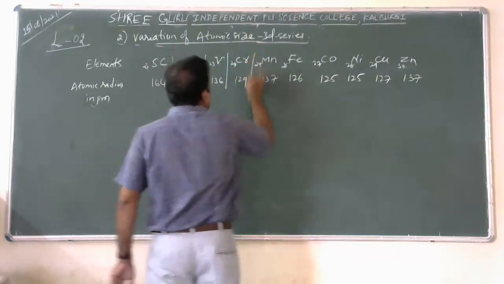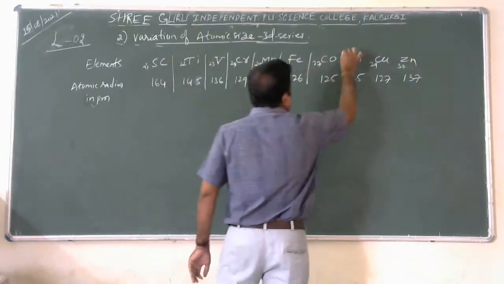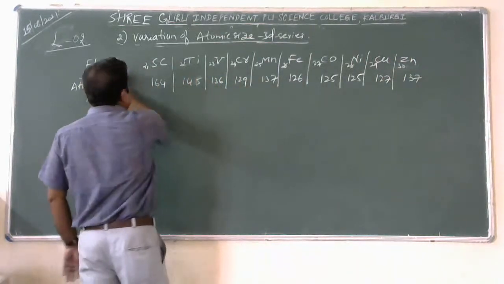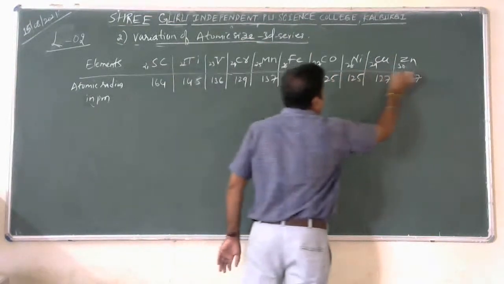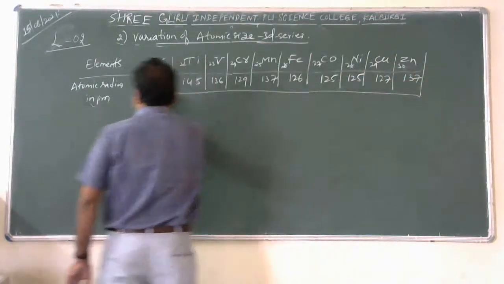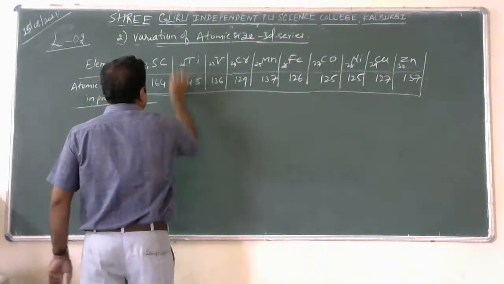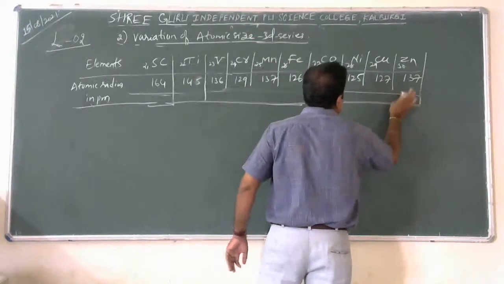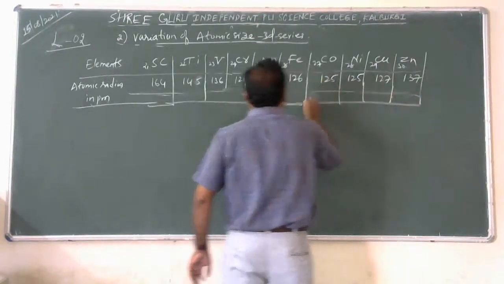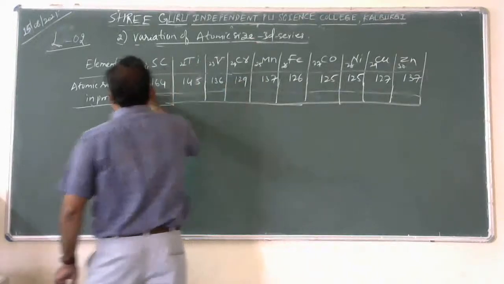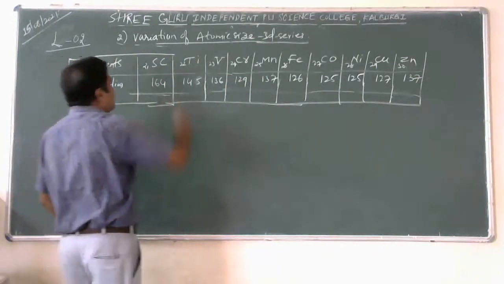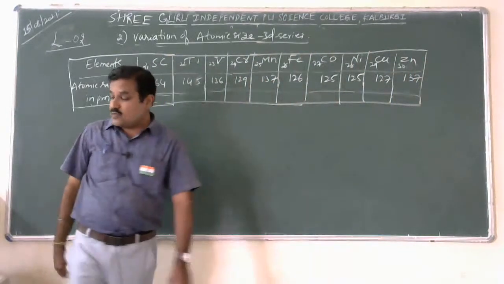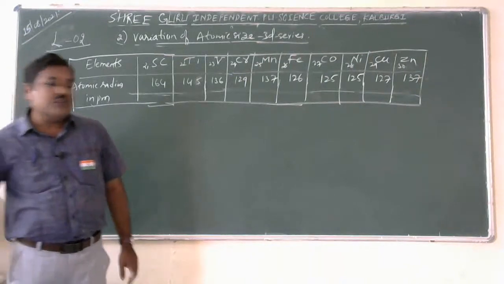See, students, here I have written this across the period. You know that across the period, generally atomic radius decreases due to effective nuclear charge.